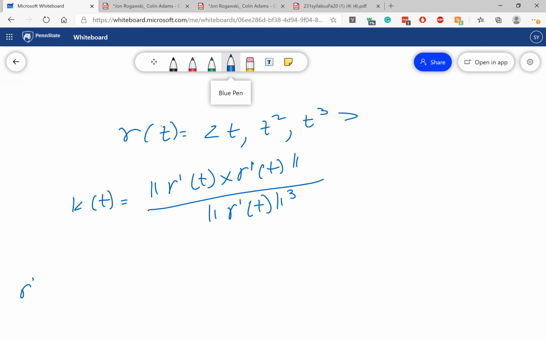So r prime of t is going to be equal to 1, 2t, and 3t squared. And r double prime of t is going to be equal to 0, 2, and 6t.